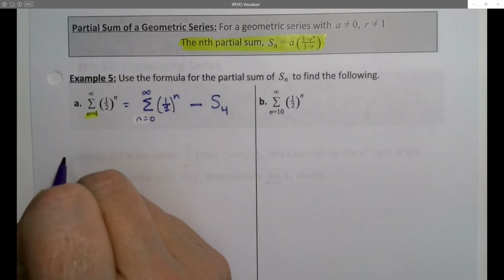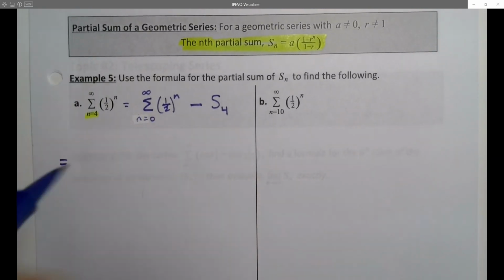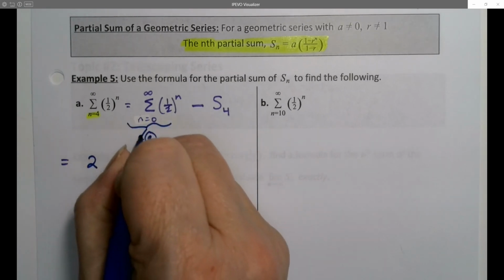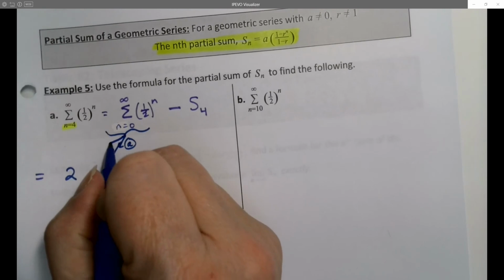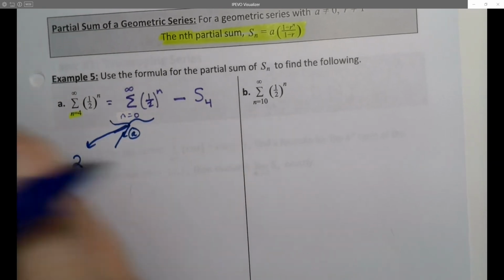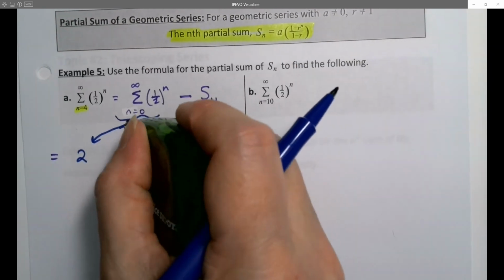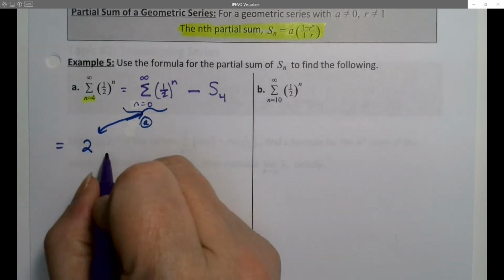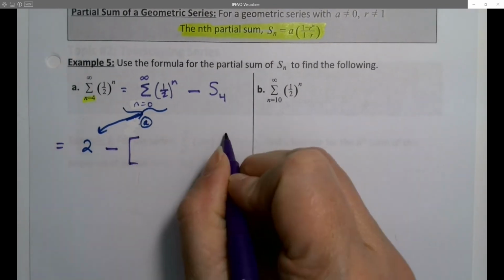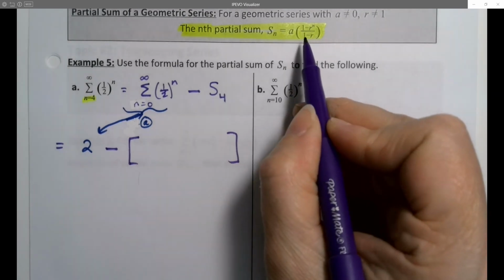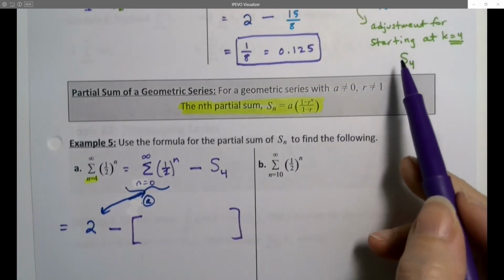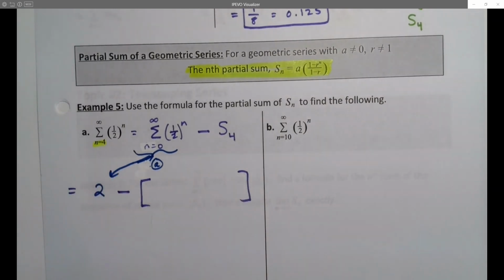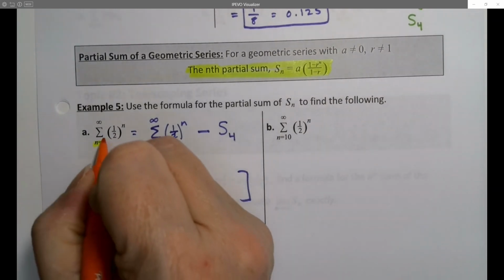All right, so we already know, no problem, this part by A is 2. Like, we already learned that. Oop, I'm not making my arrow go far enough over. There it is. So we knew that, no problem, no question. It's the formula, ta-da. So my challenge is to show that this bit right here is the same as what we came up with up here with the 15/8. So A, remember, is still 1. It's right there.